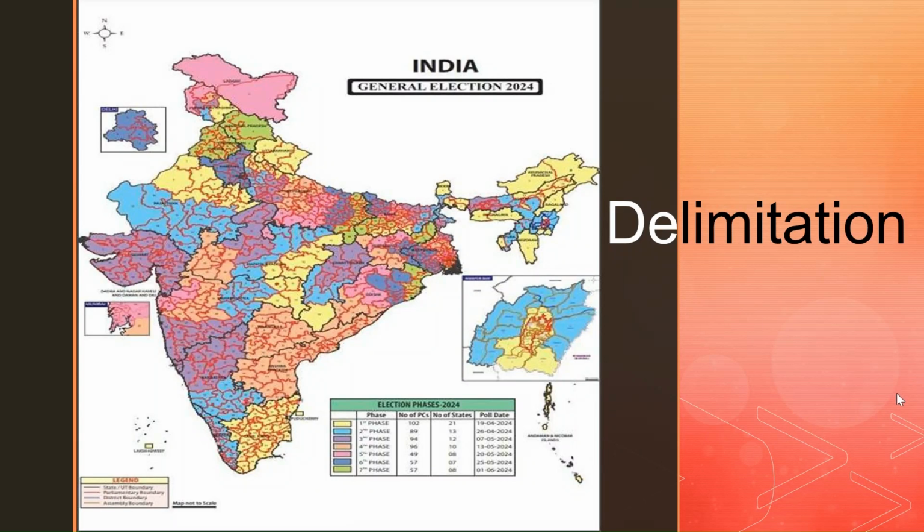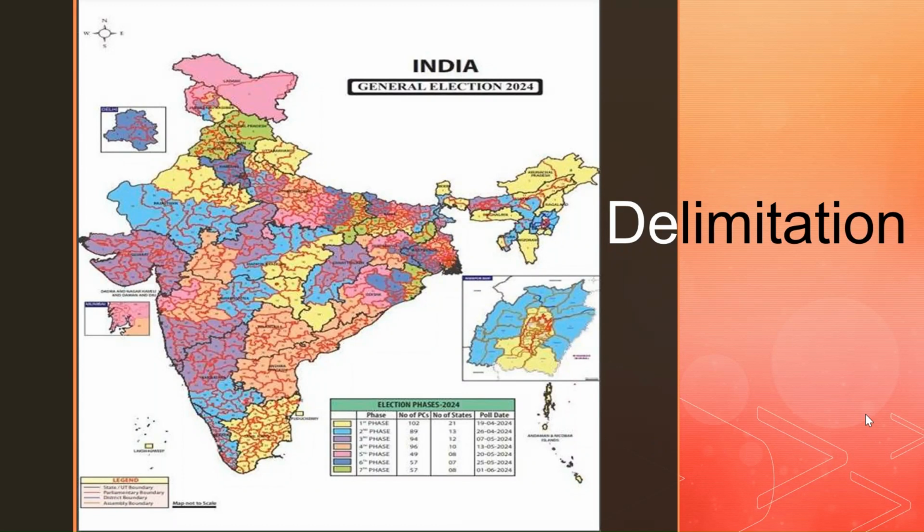In this video, we'll understand what is delimitation, a move that could reshape the country's political map and sparks a north versus south debate. Delimitation is the process of redrawing the electoral constituency boundaries based on the population changes.